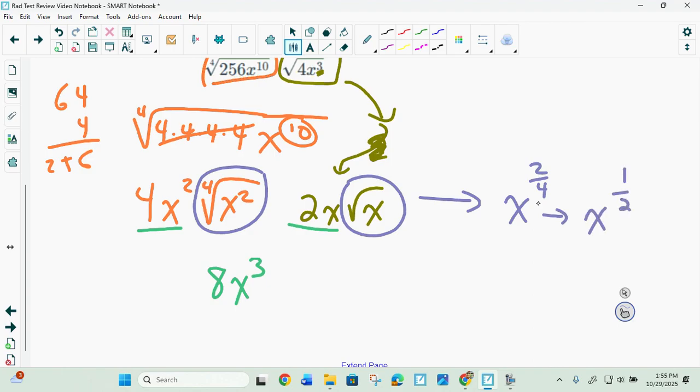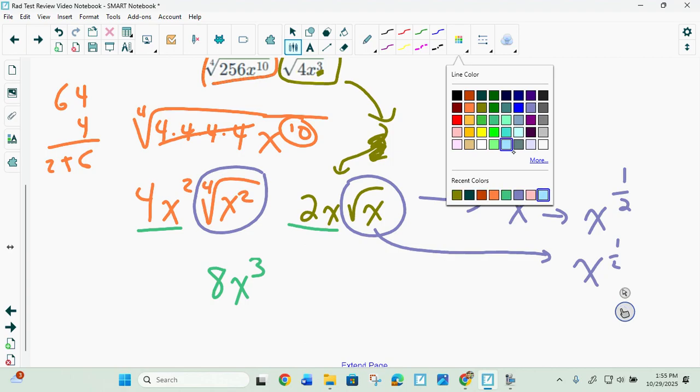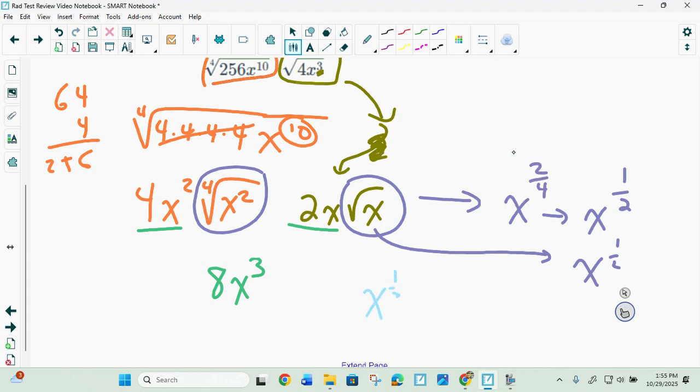Yep. And now this one, square root of x is just x to the 1/2. So I'm going to rewrite it so that it looks like a multiplication problem: x to the 1/2 times x to the 1/2. What do I do when I have 2 bases and I'm multiplying? I rewrite the base, and then I add the exponents. 1/2 plus 1/2 is 1.